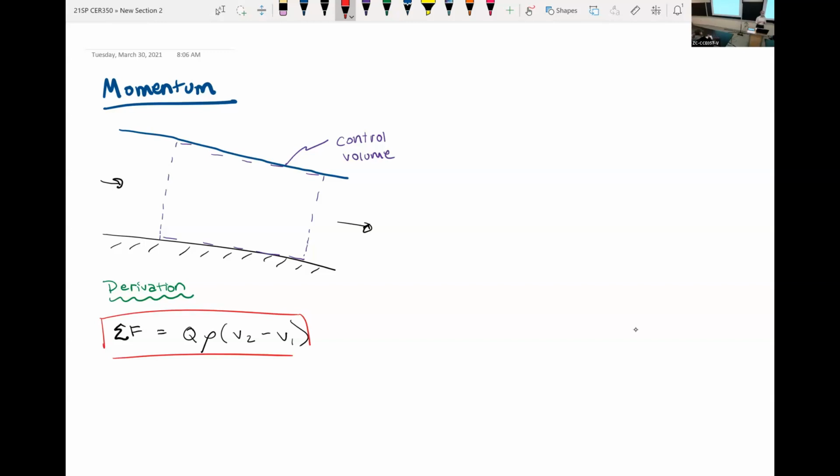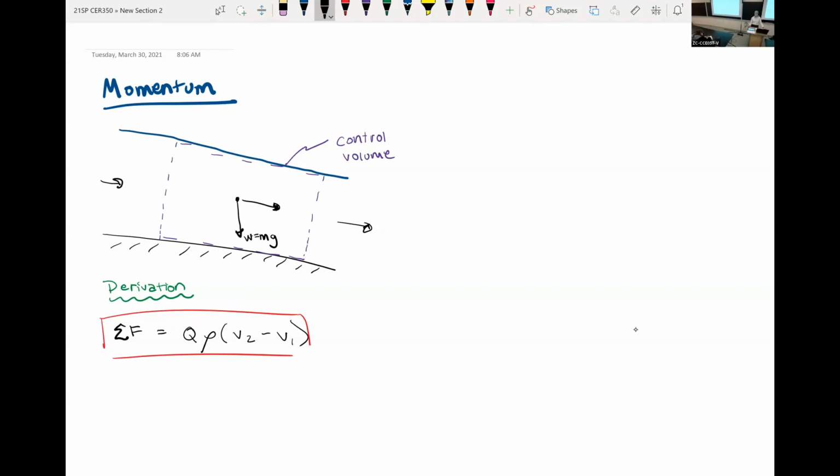What forces do we have? Yeah. Imagine this block of water, basically. Yeah, gravitational forces. We've got W equals mg, and there will be a portion of it that's acting along the channel. What else?